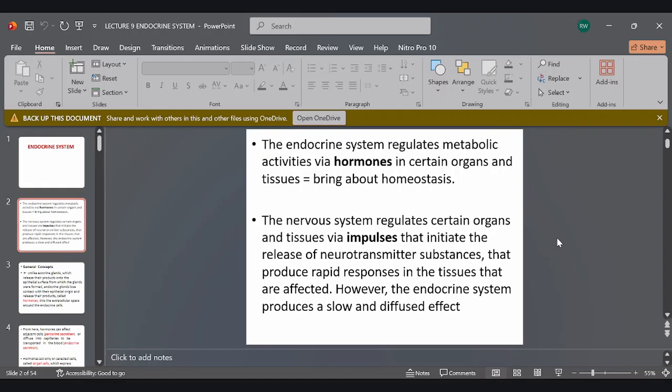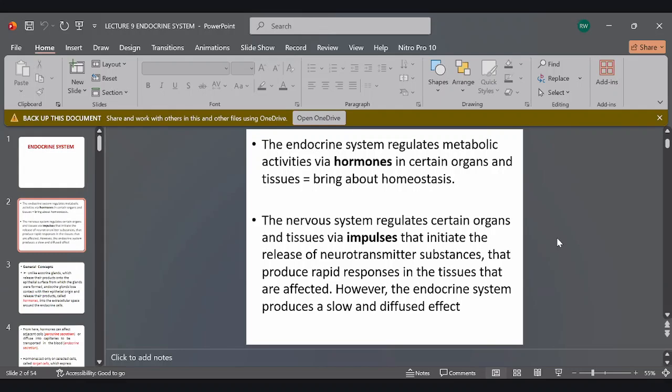Let me repeat them so that you can get them clearly. The first one is the pituitary gland. The second one is the hypothalamus. The third one is the pineal gland. Then we have the thyroid gland, the parathyroid gland, the adrenal gland, and the pancreatic islets.